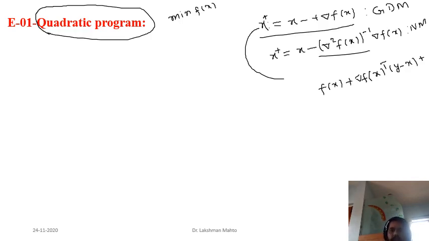Next term definitely would be a quadratic term, and it depends upon what kind of quadratic term you are willing to take. We are taking a very simple kind of quadratic term, 1 by t times the square of the norm of y minus x.